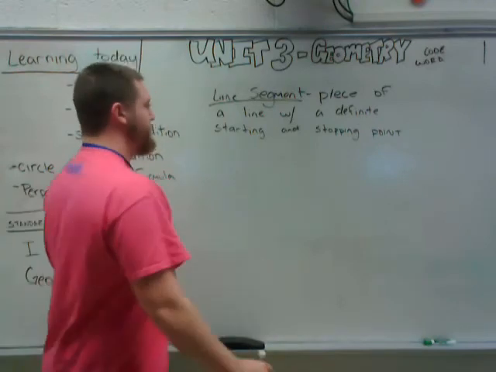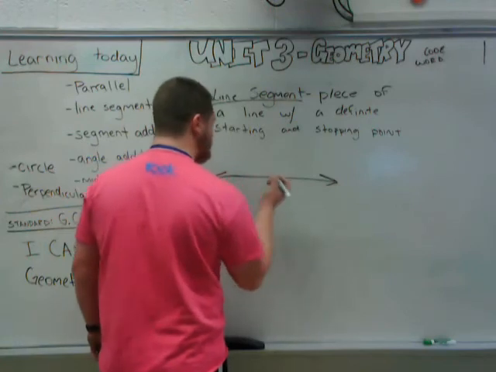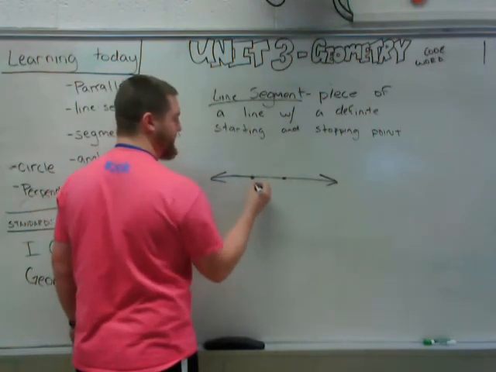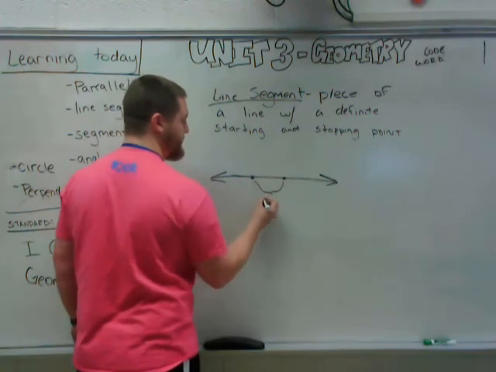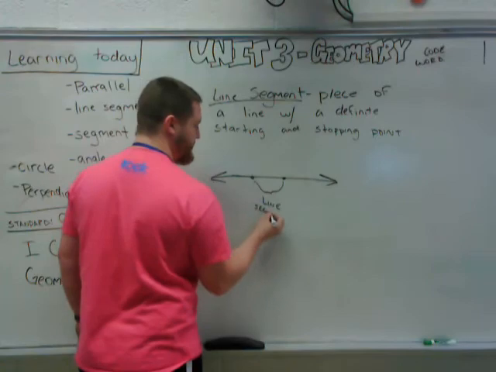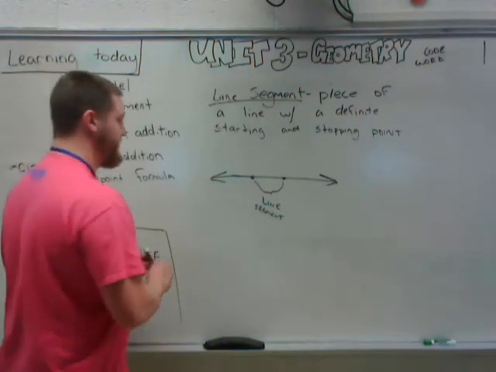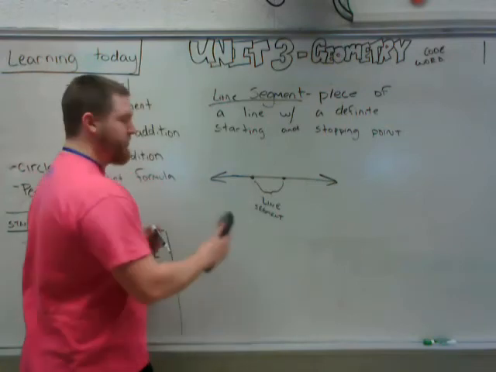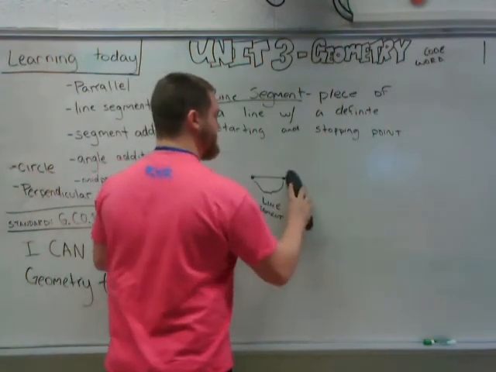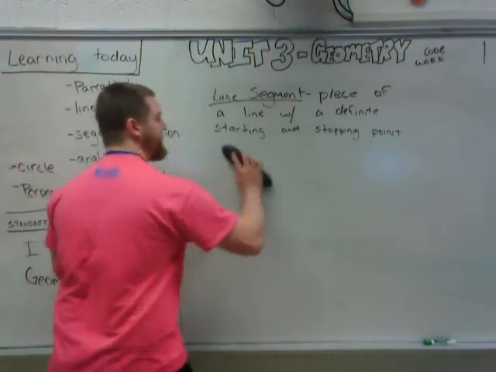Alrighty. So if a line goes on forever, a line segment is a piece of that line. Easy enough. And if it has a definite starting and stopping point, then the arrows do not keep going. It is just that guy. Perfect.